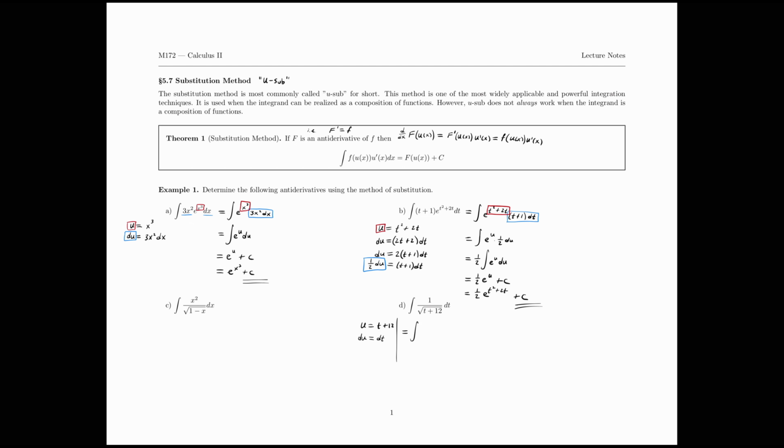This would be the integral of 1 over the square root of u. dt becomes a du. So of course we can write this as u to the negative 1/2 du, and we can integrate this to get u to the positive 1/2 divided by 1/2, so multiply by 2, and back substitute. So 2 times the square root of t plus 12 plus c.